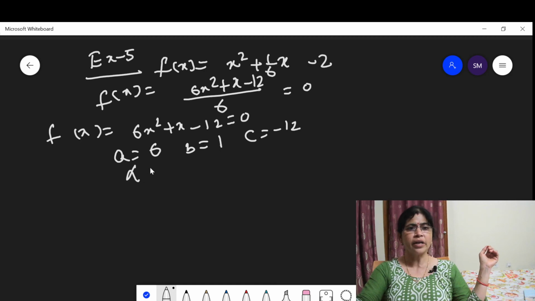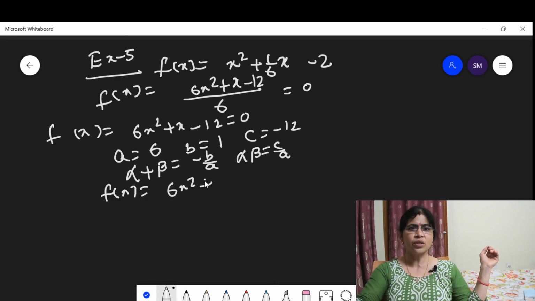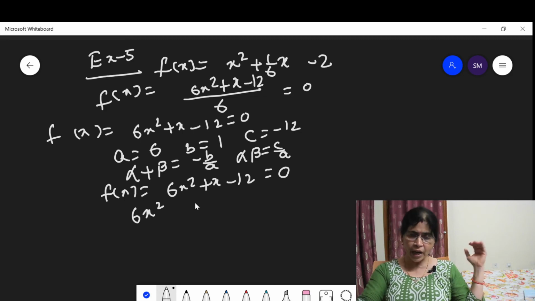Now let us find out the relationship. It says that alpha plus beta is minus B upon A and alpha into beta is C upon A. At first find the zeros of the given polynomial. Here f of x is equal to 6x square plus x minus 12 is equal to 0. Now let us use middle term factorization.